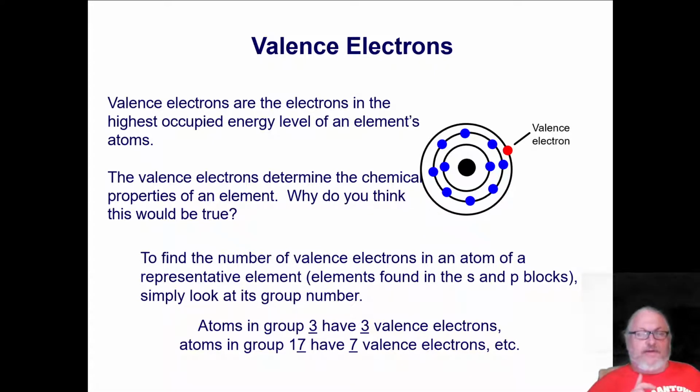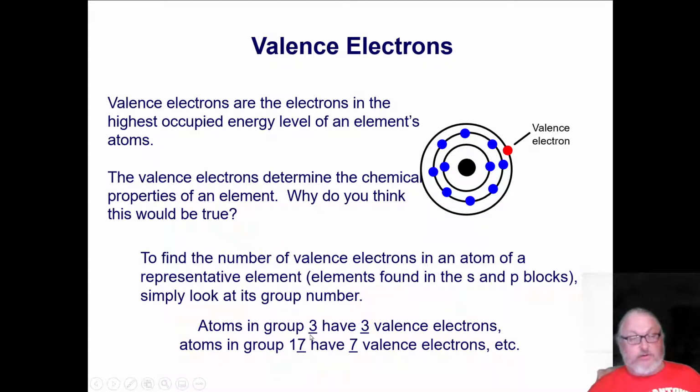Now, to find the number of valence electrons in an atom of that element, in the s and p blocks that we're going to worry about, all we have to do is look at the group number.